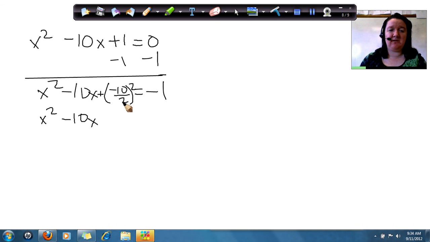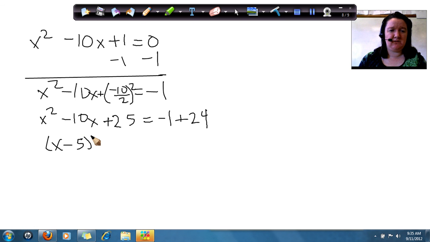And a negative 10 divided by 2 would be negative 5. Negative 5 squared would give me 25. Whatever I do to one side, I have to do to the other. Now let's factor this, and let's combine our like terms.